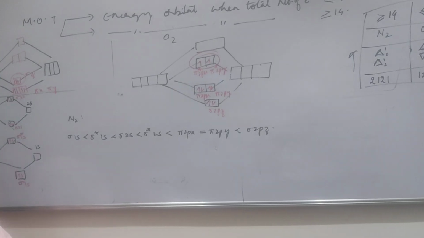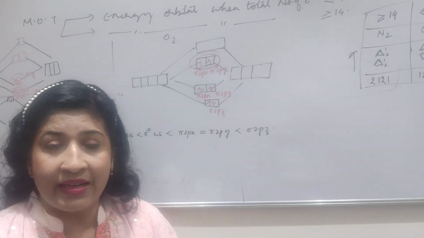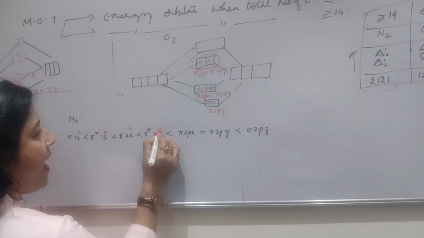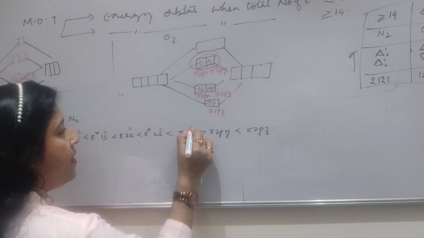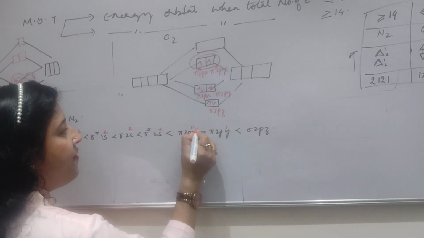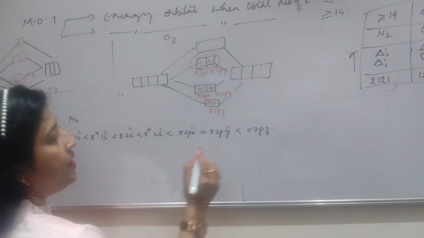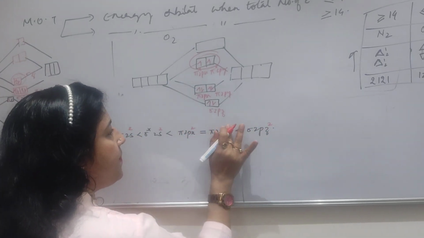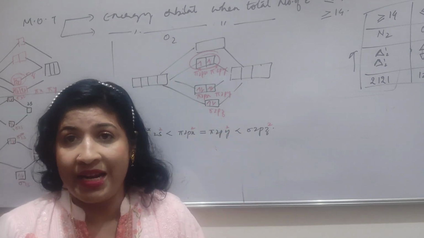This is clear. Now let us fill the electrons. How exactly do we fill the electrons? 2, 4, 6, 8, 9, 10, 11, 12. That's how you fill. And 13, 14. So it is 14 electrons.